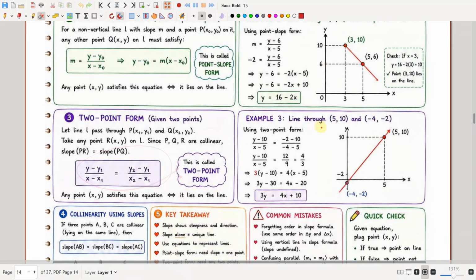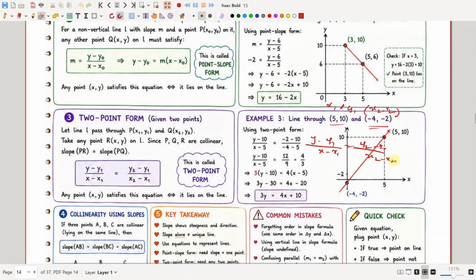Okay, see the example here, you might understand it more clearly now. We are given a line through which these 2 points pass. Let's take this as x1 comma y1 and this as x2 comma y2. Then the formula is y minus y1 divided by x minus x1 is equal to y2 minus y1 divided by x2 minus x1.